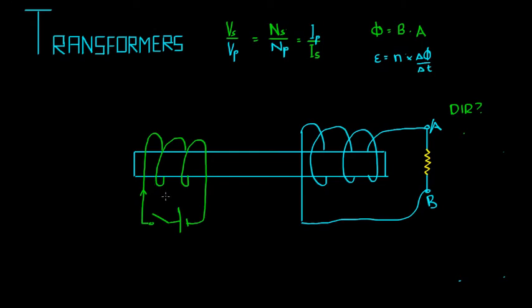So I close that switch there. The current begins flowing in that direction. Using our right-hand grip rule, where you put your thumb in the direction of the current and you curl your fingers around, your fingers should point that way there.